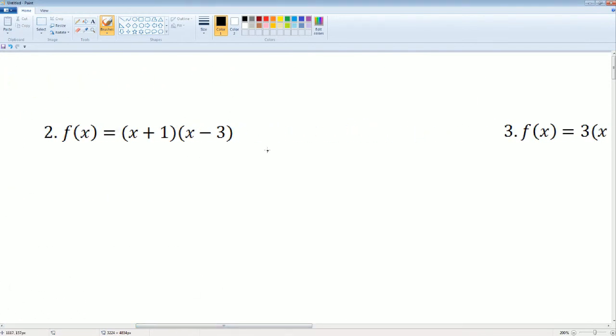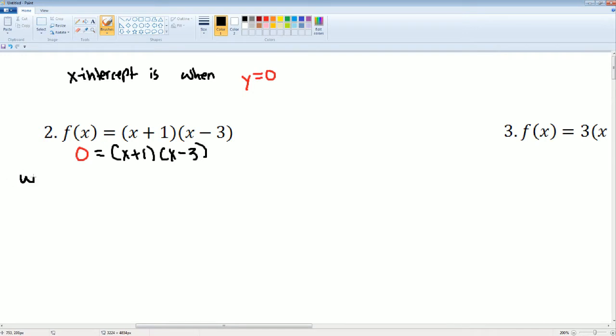So we're going to repeat that idea over here. The x-intercept is when y equals 0. So this is going to be equal to 0 for this. When does that happen? When does that happen? That is when x plus 1 is equal to 0, and that is when x minus 3 is equal to 0.